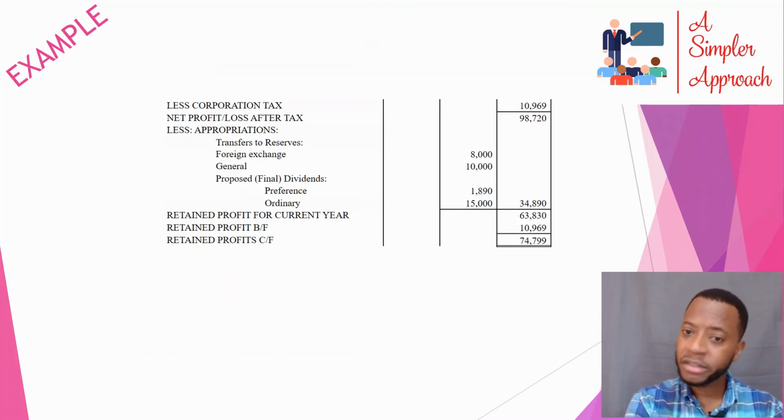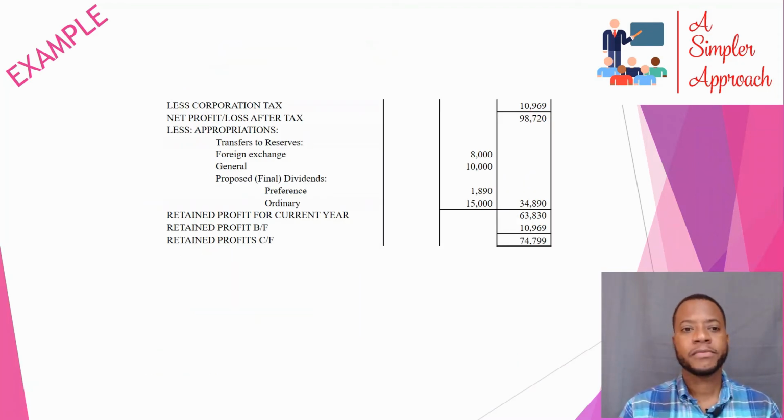There it is. After you take corporation tax from net profit, you get the net profit after tax, which is 98,720.